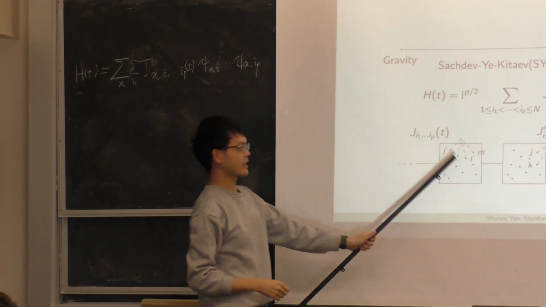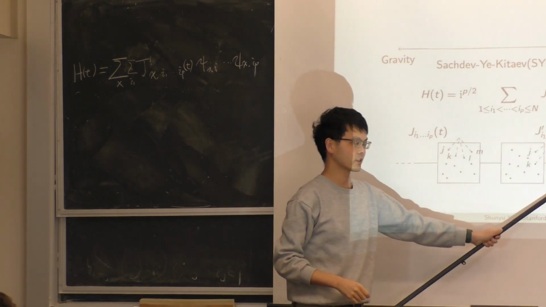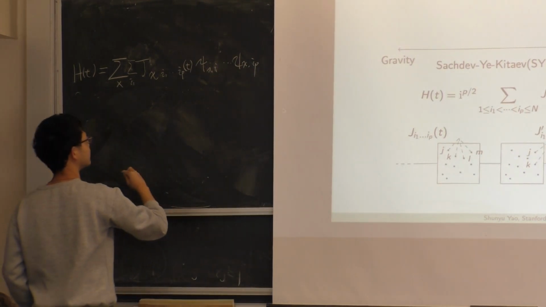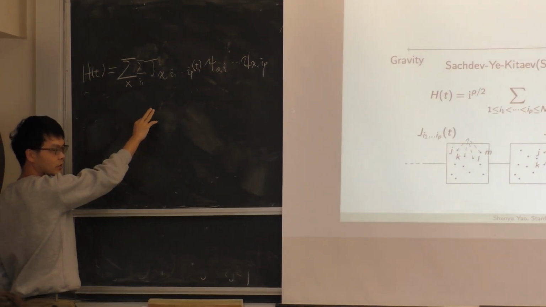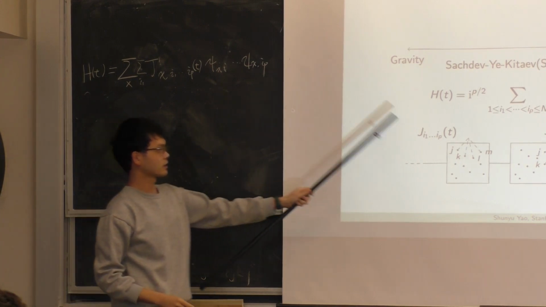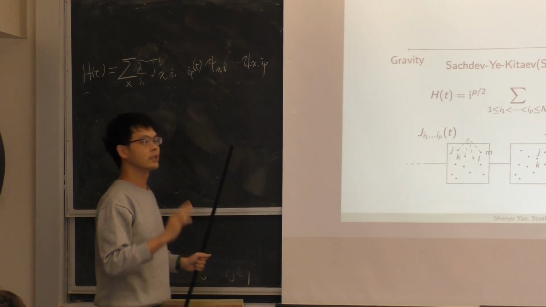For example, this site is x equal to 1, that's x equal to 2, that's x equal to 3. That's one term in the Hamiltonian. That term is the interactions just within one lattice site.